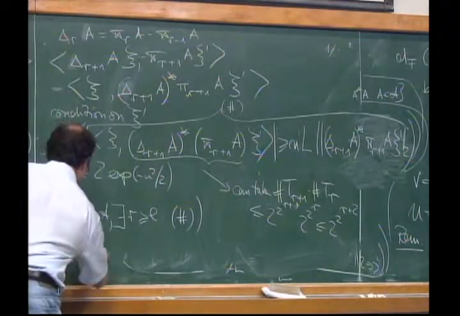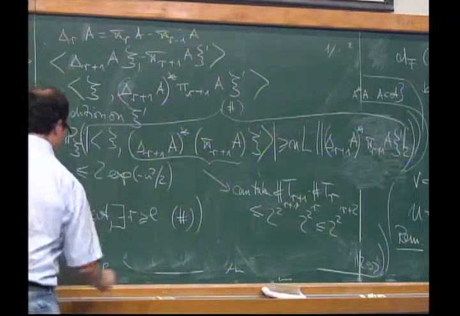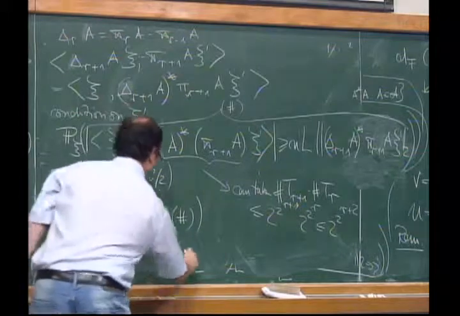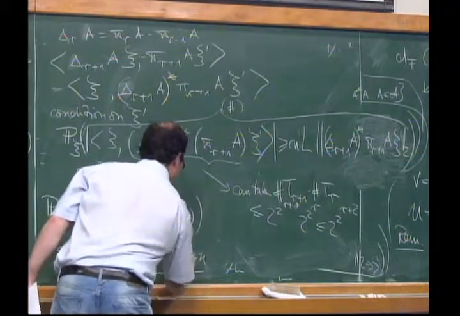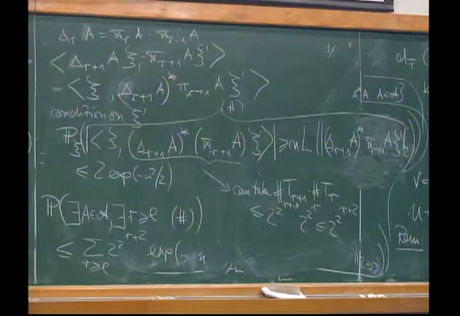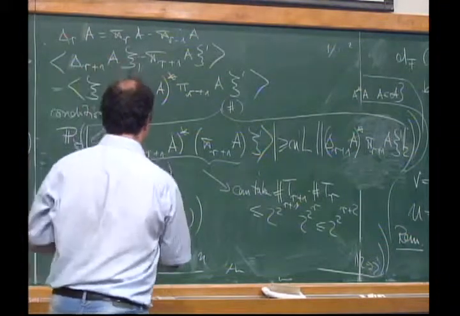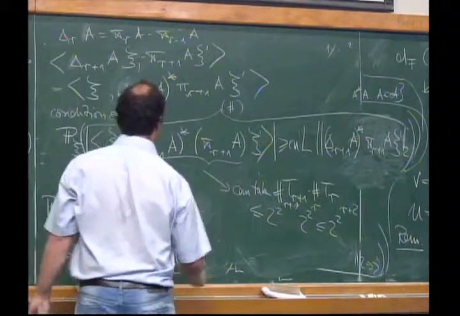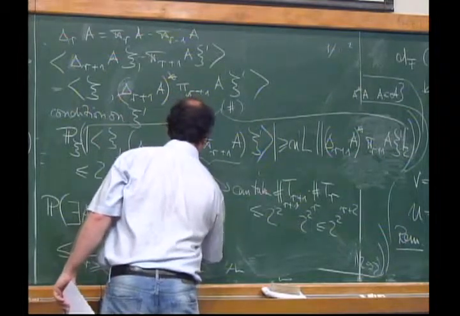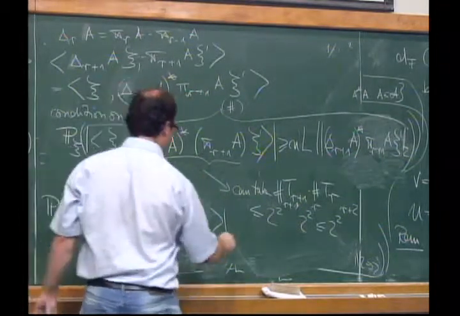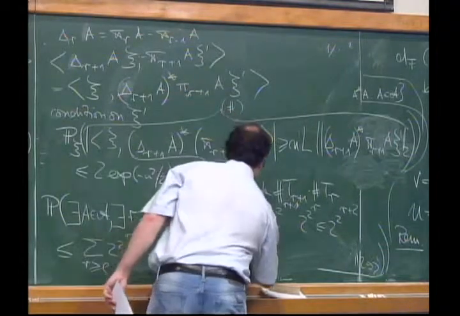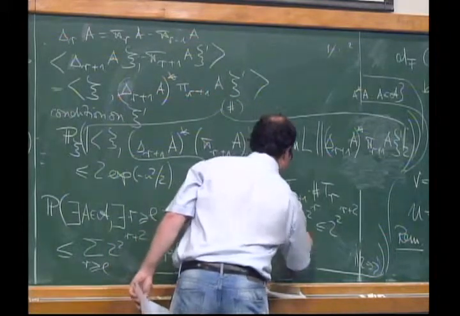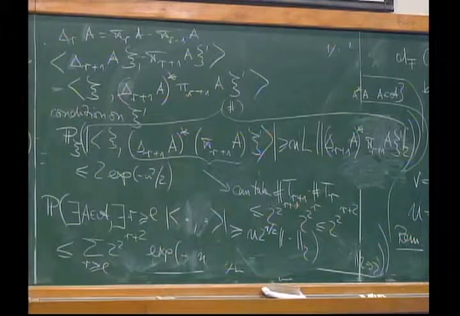This is bounded by the sum for R larger or equal to L, then 2 to the 2 to the R plus 2, exponential minus xi, and then, well, okay, let me just copy this inner product. So that's the same inner product as here, but now we do u times 2 to the R over 2, and then again this 2 norm. I hope you can still read it.